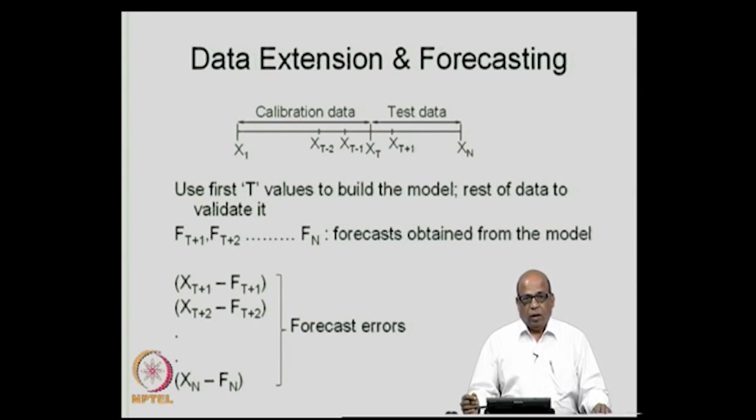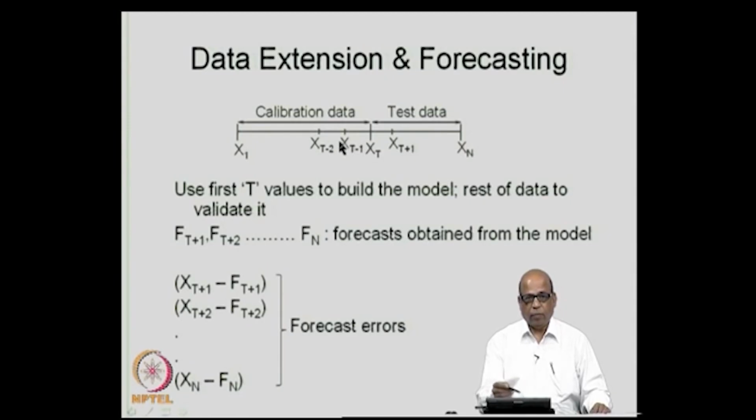But more formally, what we generally do is that any particular method that we want to use or any particular model that we would like to build for forecasting, we build it on the first part of the data. We call that calibration data. So, we build the model using the first part of this data.